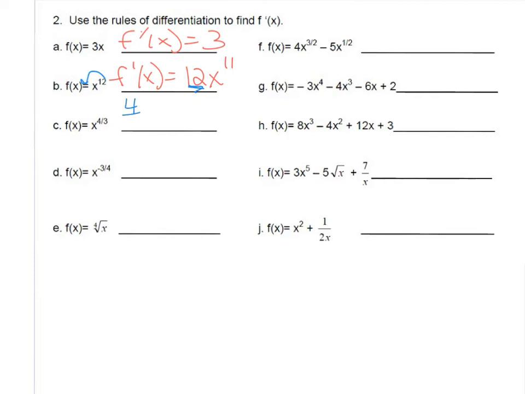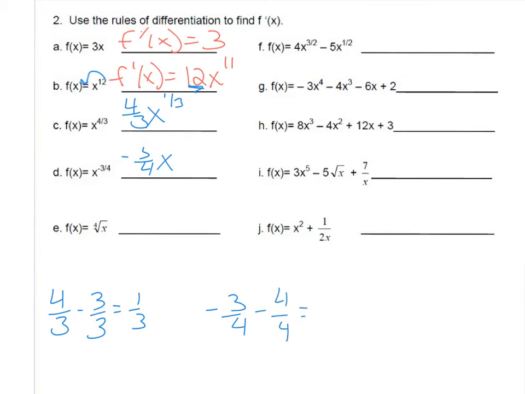So this becomes 4/3 x to the, so we have to subtract 1, so that's 1/3. So for D, we get negative 3/4 x, so minus 1, it's going to be negative 7/4.